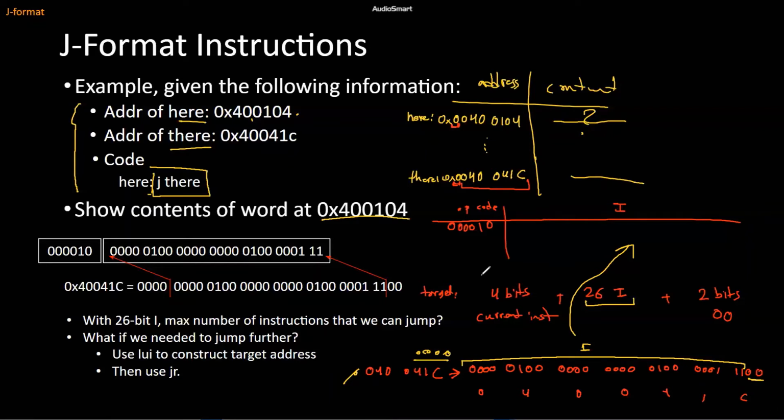When the processor is reconstructing this address, it's going to add these 4 zeros from the current line, and it's going to add the 2 zeros, because any address that is word aligned is always going to have these 2 zeros.